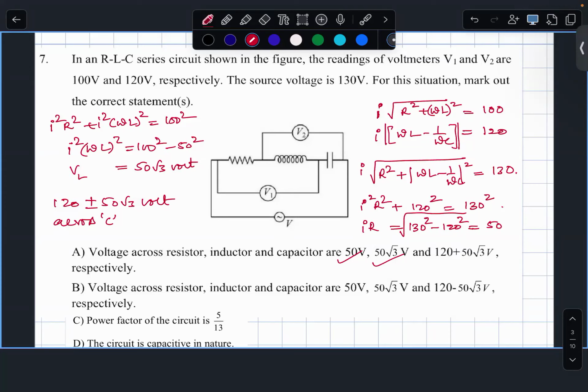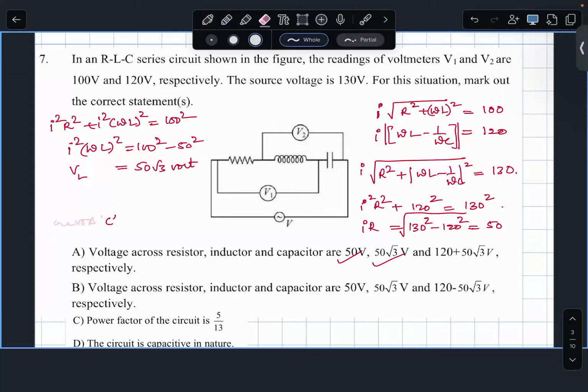Suppose if it is inductive, I omega L minus I by omega C is the magnitude of the drop across the combination V2. V2 is given as 120, but such a situation never exists.